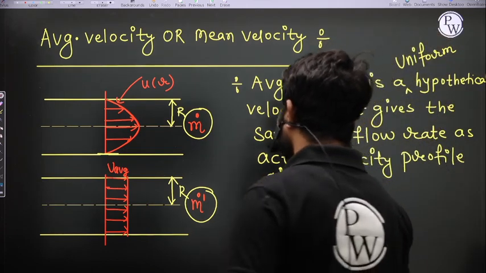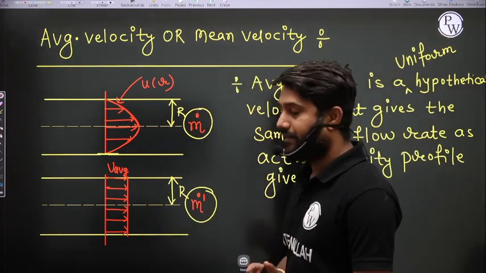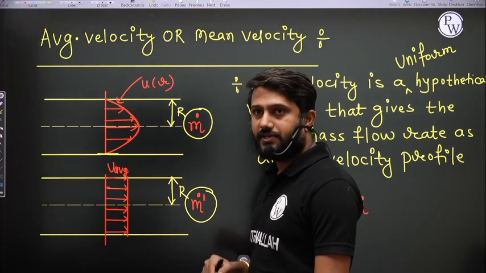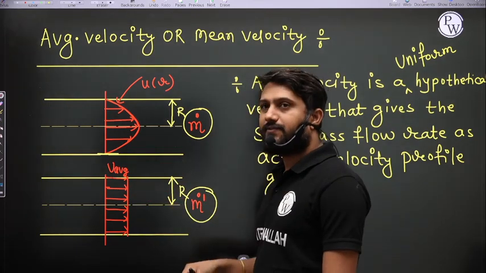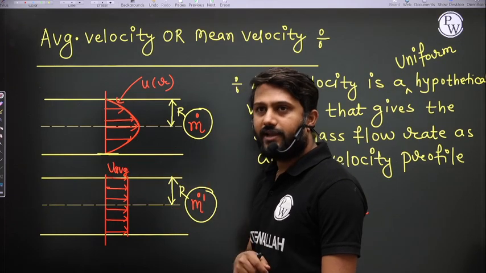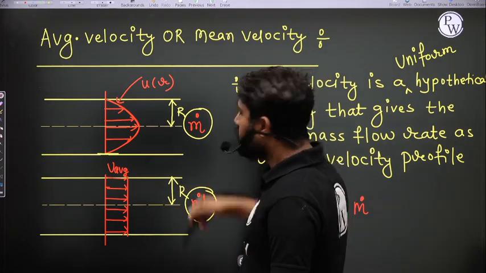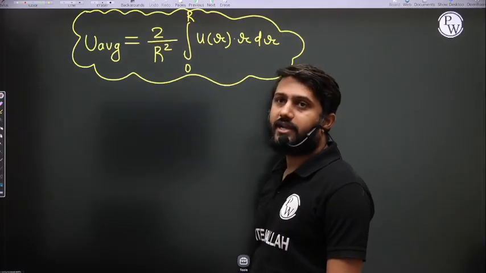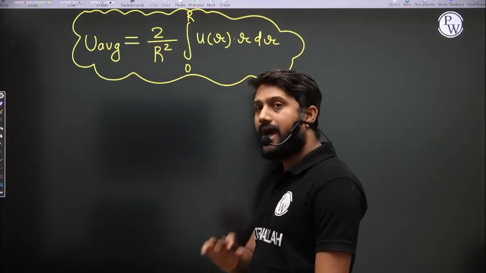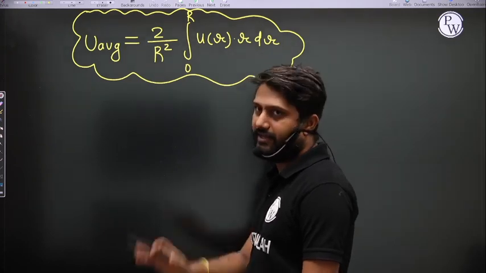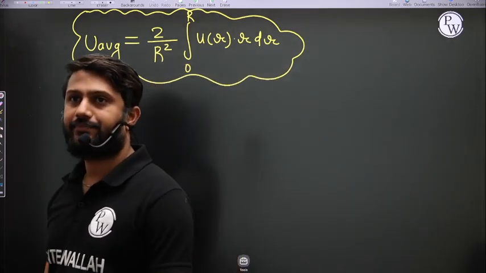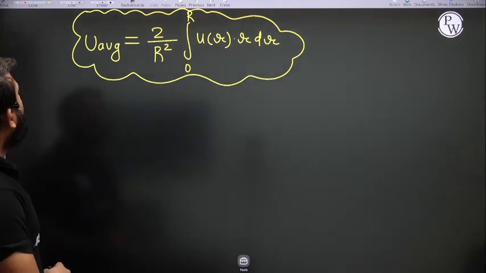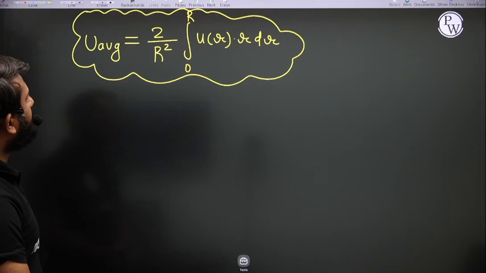Again I am repeating: both mass flow rates are the same. If you equate both, you get this expression. I am not deriving it here, I am directly writing it. Okay, so this is the average velocity.